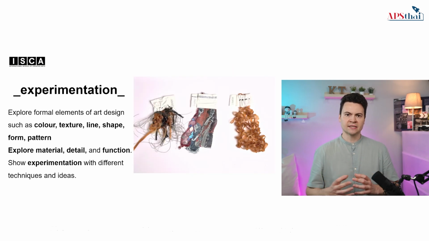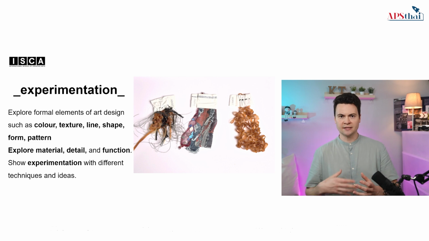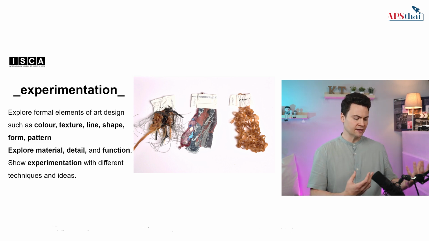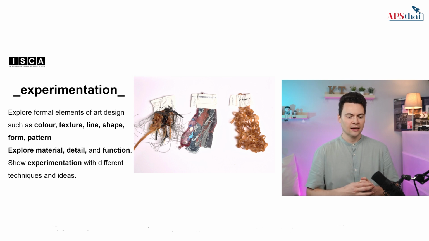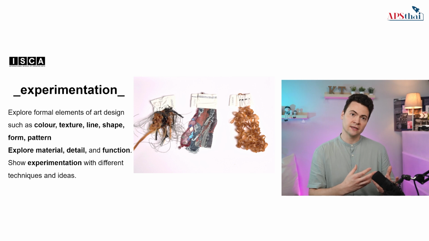Next up is experimentation, which we do a lot of at ISCA. We encourage students to try different materials, to watch demonstrations and to try a technique, but to then take that into their own work. This could include color samples, texture studies, line art, shape, form, and pattern, exploring different materials or details, to explore the function of a different sort of technique.